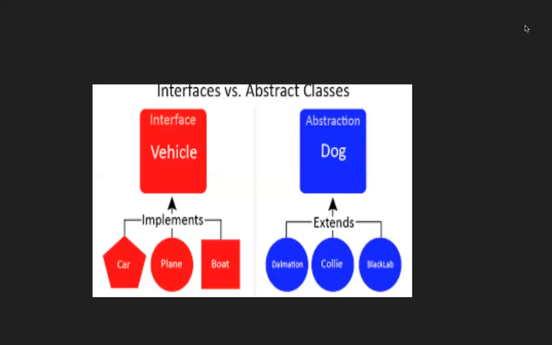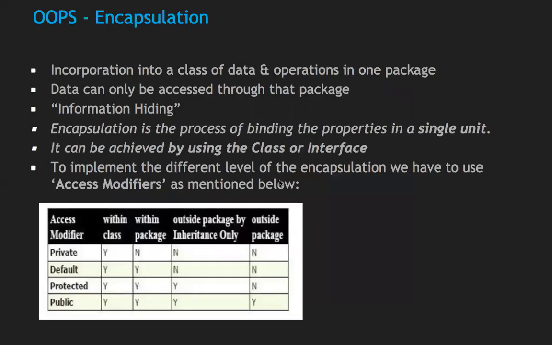We are giving a few more things, additional requirements and additional properties, and we give it a name, Dalmatian. I hope this is clear. That is the difference between an interface and an abstract class.